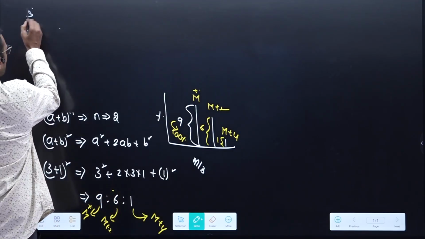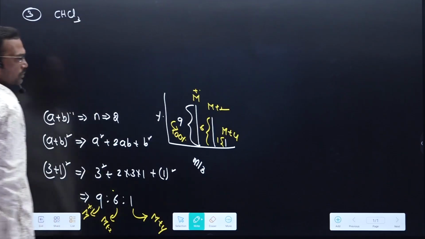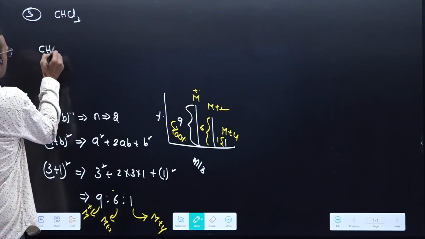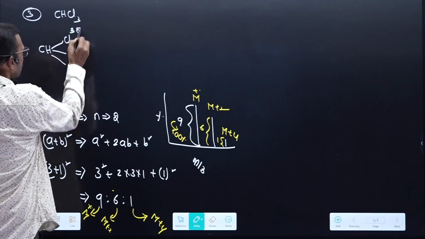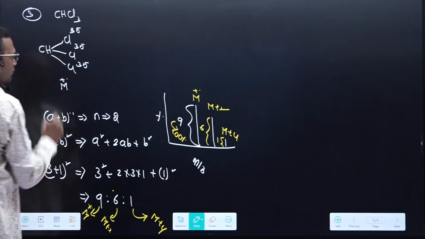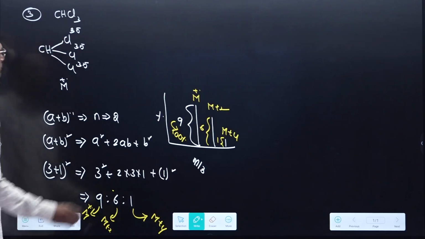Now this is one more application: a molecule having 3 chlorines, like chloroform. First possibility, 3 chlorines are lighter isotopes. Lighter means I would like to write 35, 35, 35. So this is the molecular ion, all are lighter, no one is heavier.